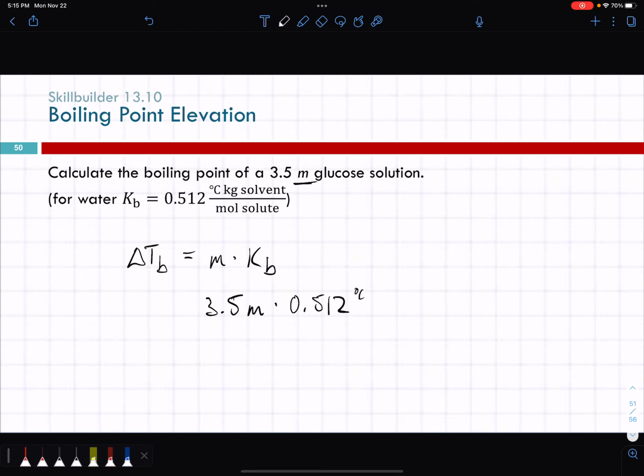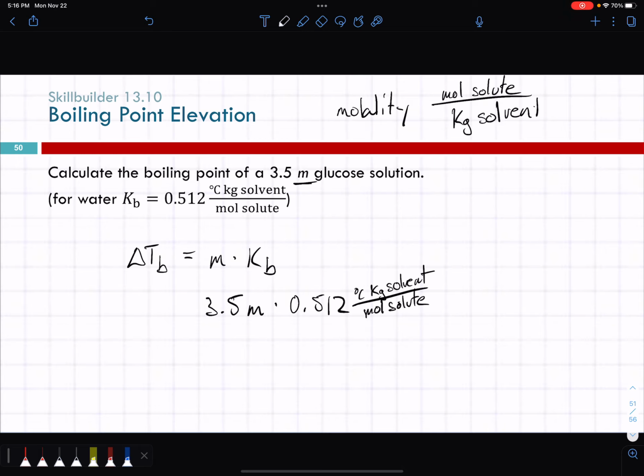Those units are degrees C times the kilograms of solvent divided by moles of solute, which I should point out again. Molality is moles of solute divided by kilograms of solvent, not the solution.